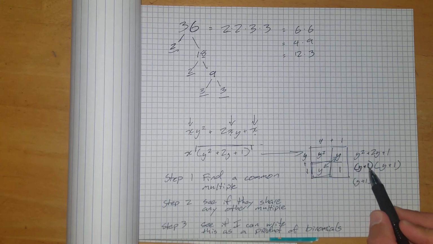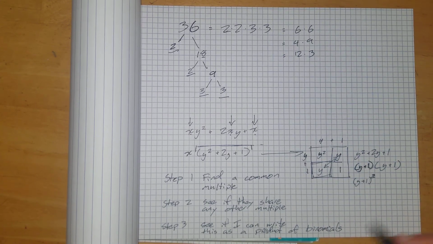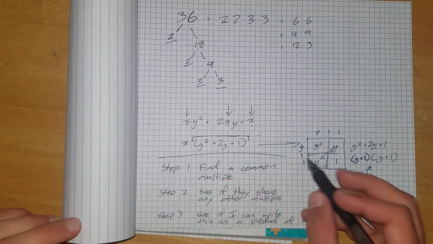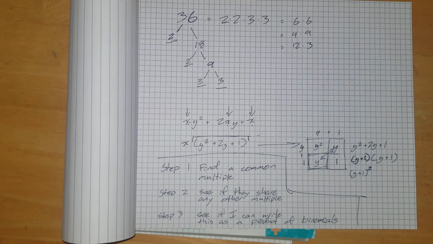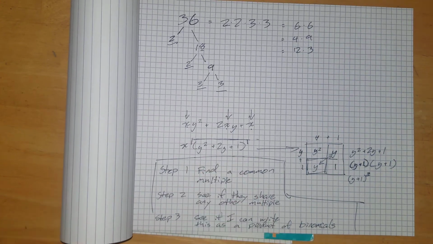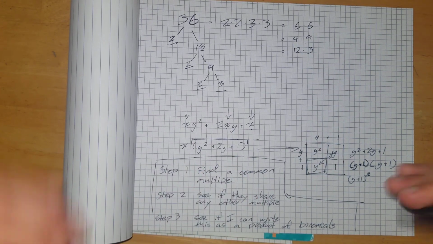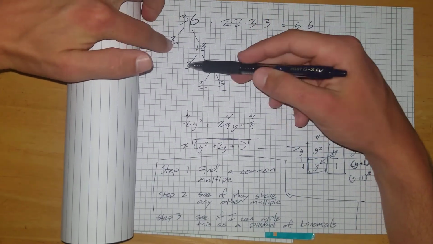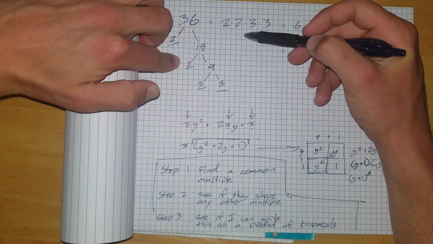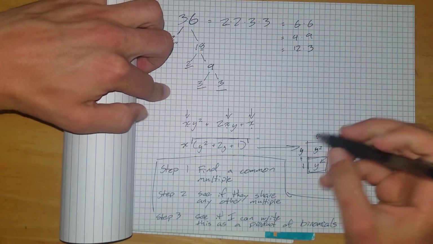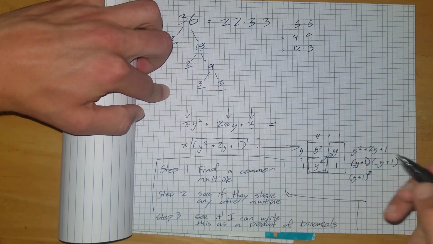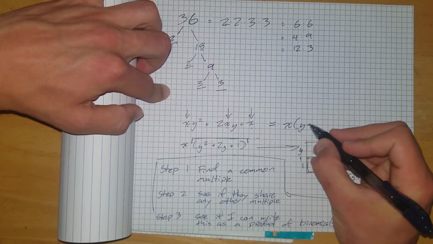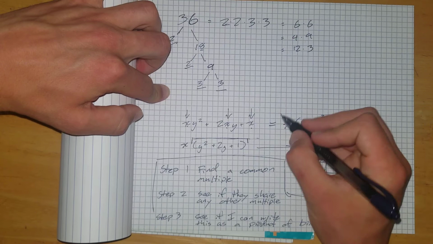So 1, 2, therefore this is a binomial. Those are the 3 steps that I use to go about factoring things. Sorry that I didn't share it earlier. But remember, it's the same type of idea that we use here, right? You're pulling out different products. I should write this. The answer to this is x times y plus 1 squared.